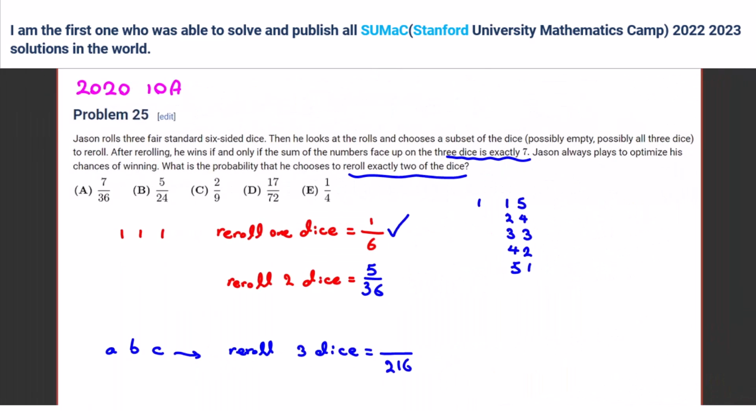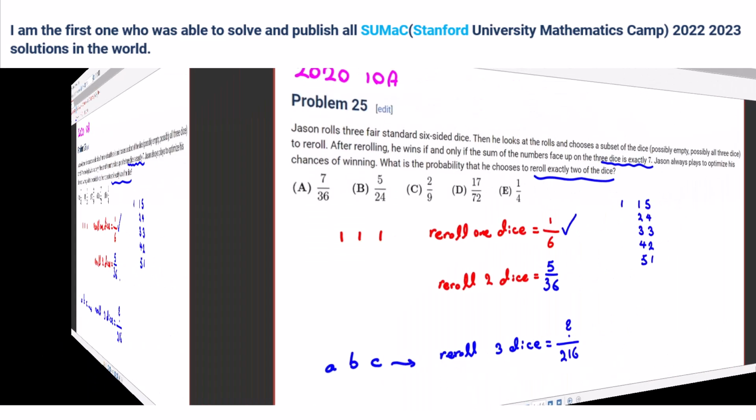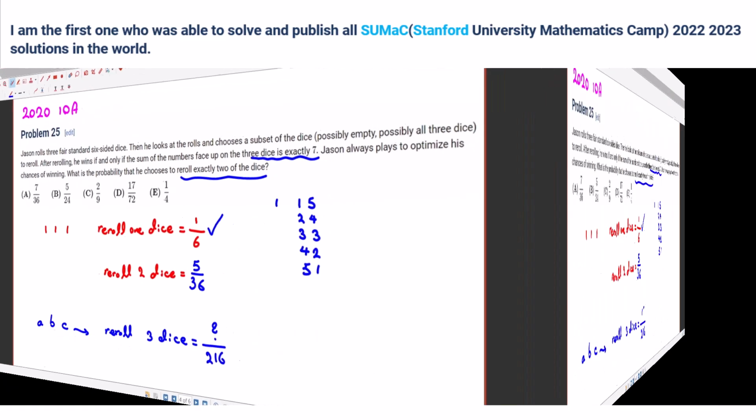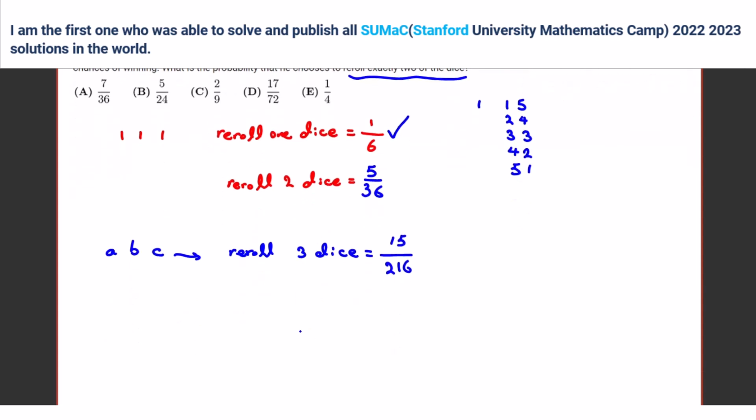So you should calculate the numerator for this one, ABC. I got 15. Let's check. When the sum is 7, the maximum one can be 5: 5, 1, 1, so 3 cases.